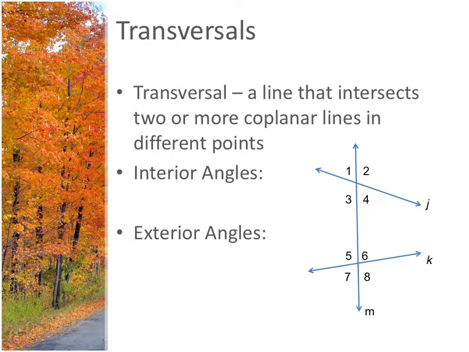Okay, transversals. So a transversal, again, another definition, is a line that intersects two or more coplanar lines in different points. Interior angles are angles that are in between the lines.